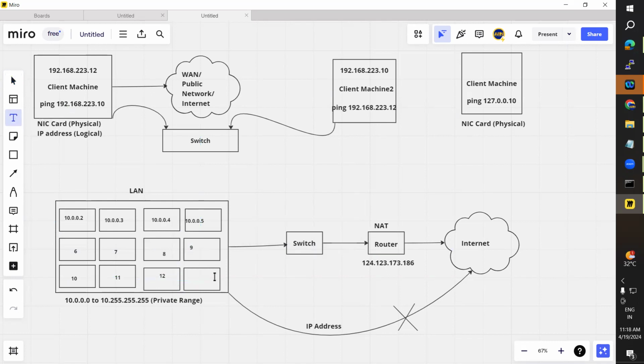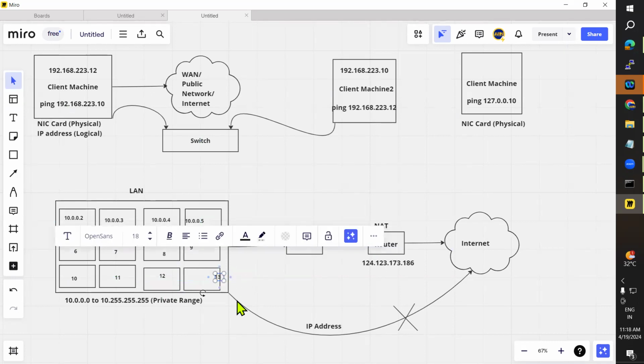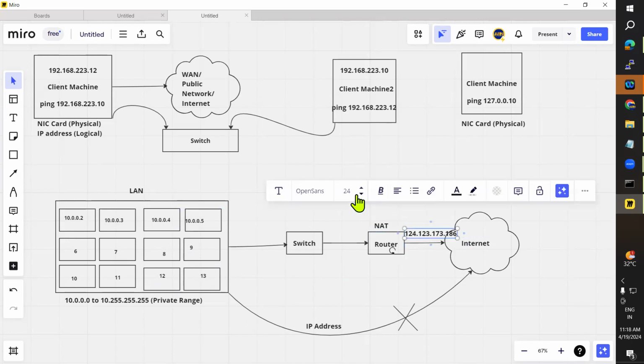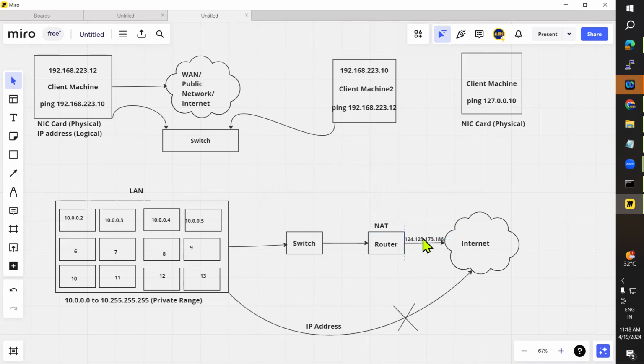I'm giving 10.0.0.1 to the router. This is the router IP address.